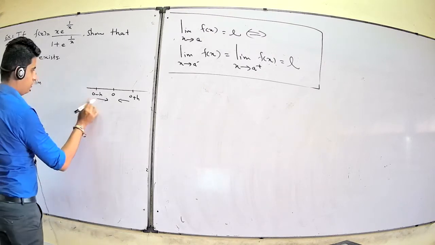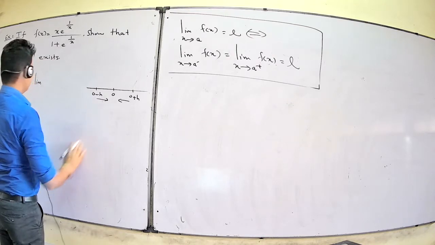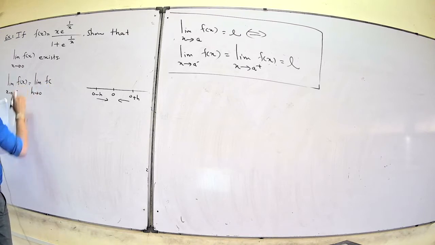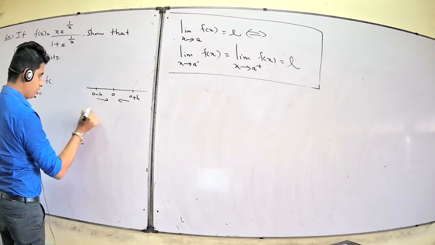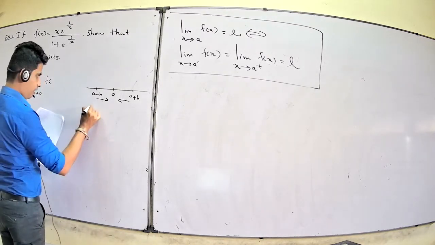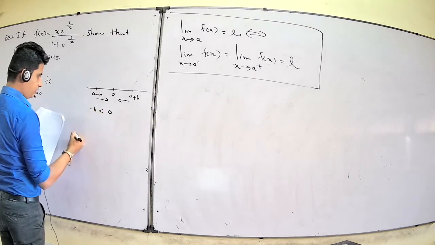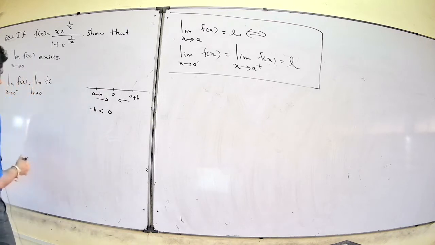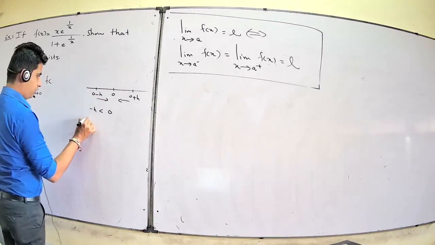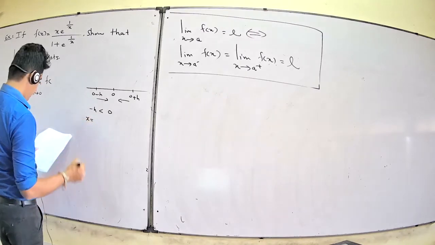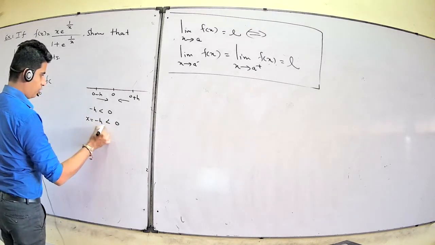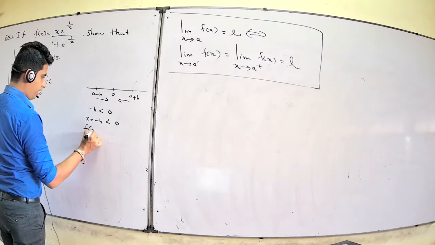Obviously minus h is less than 0. You put x equal to minus h, so what is f of x?